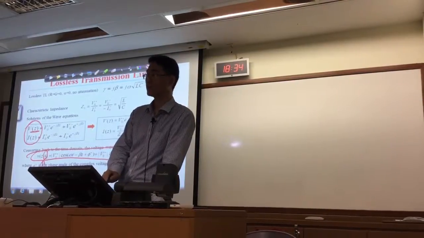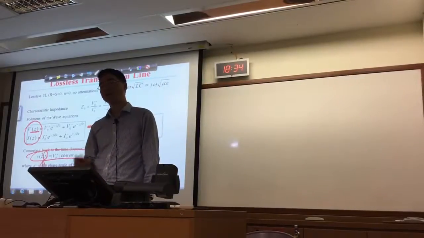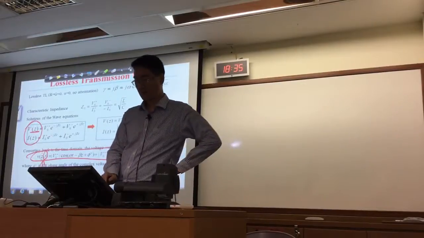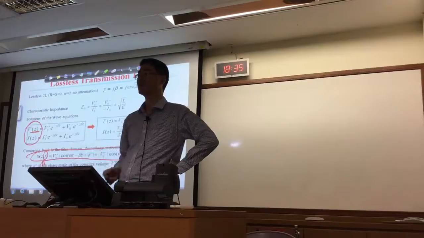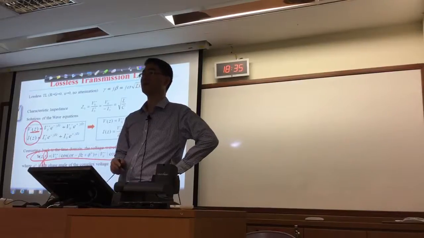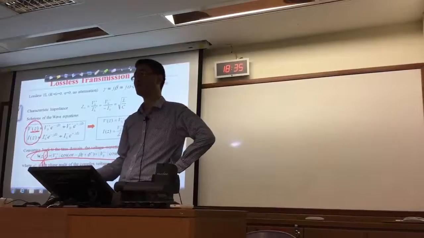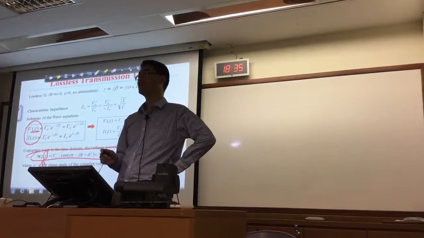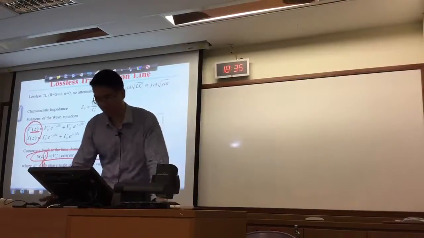In the time domain, it is the voltage with distance and time, right? The transmission line tells us the voltage and the current along the transmission line at different locations and times, right?